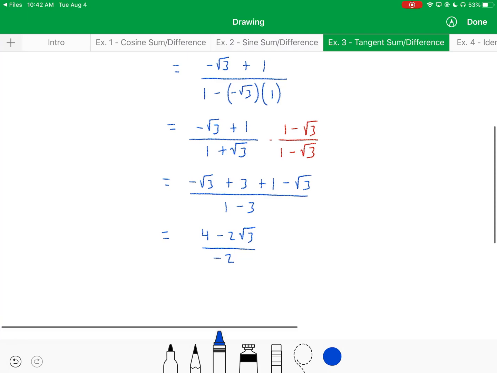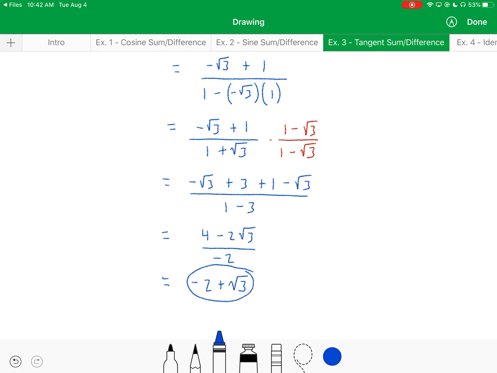And then we're going to divide out a negative 2 from everything. So that's going to lead us to negative 2 plus the square root of 3. So tangent of 345 degrees has an exact value of negative 2 plus radical 3, which of course you can again check on your calculator with approximations.